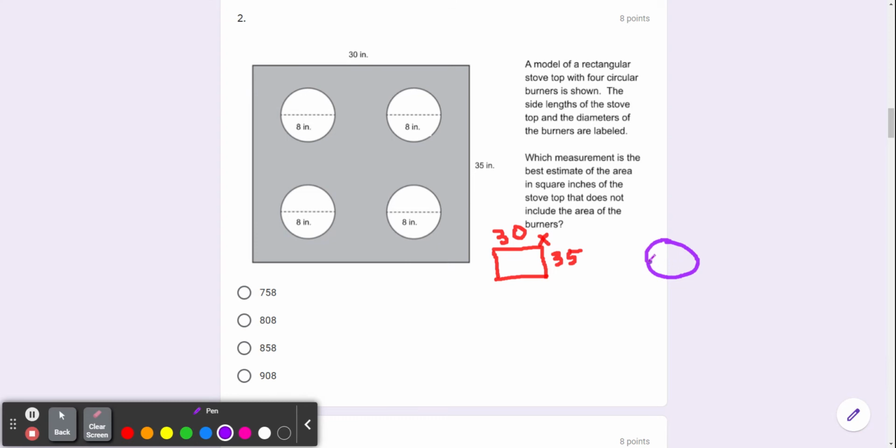My circles have a diameter of 8, but I need a radius. So radius is only half of 8. My radius would be this piece. 8 divided by 2 is 4. So that's my radius. And my formula for that one is pi, and this is from up here.